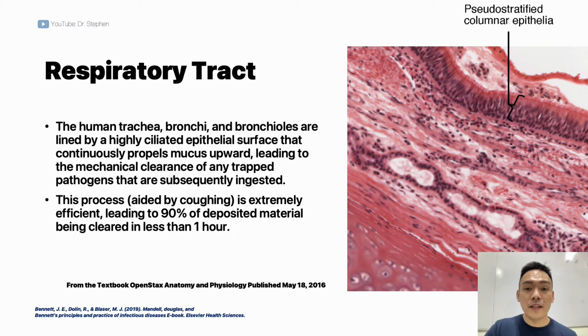This is your respiratory tract pseudostratified columnar epithelia. And again, your inhaled microbes must first penetrate and survive the aerodynamic filtration system of the upper airway and your tracheobronchial tree.